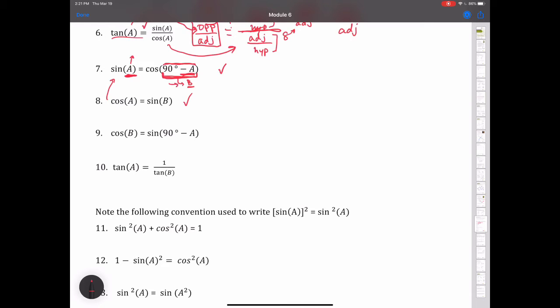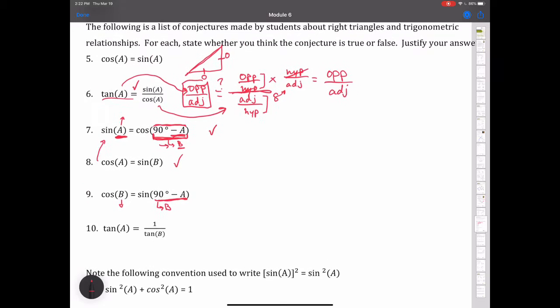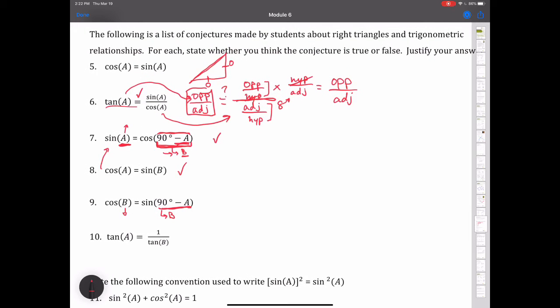Making this one B. However, here we have B and 90 minus A, which really is referring again to B. And as we saw up in case 5, cosine A is only equal to sine A when we have isosceles, and that will actually hold true as well for B. So cosine B here will only be equal to sine B if we have an isosceles right triangle.